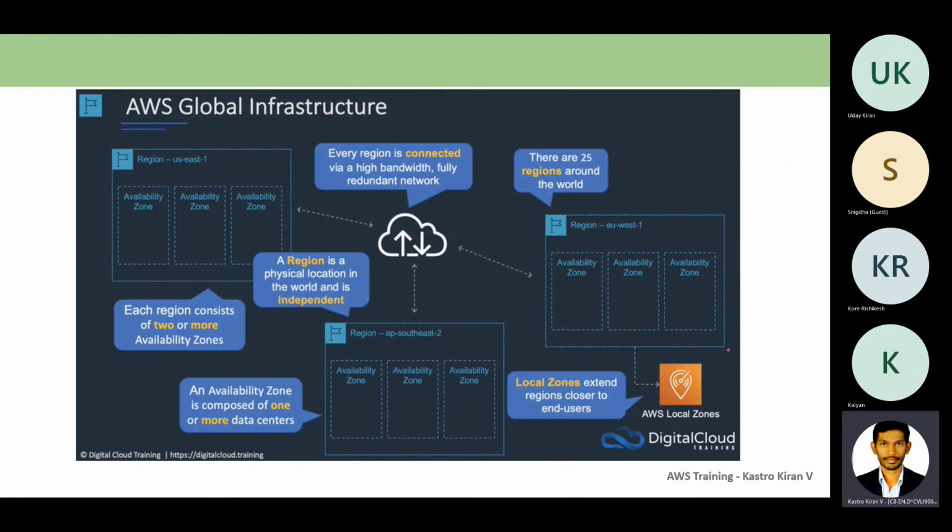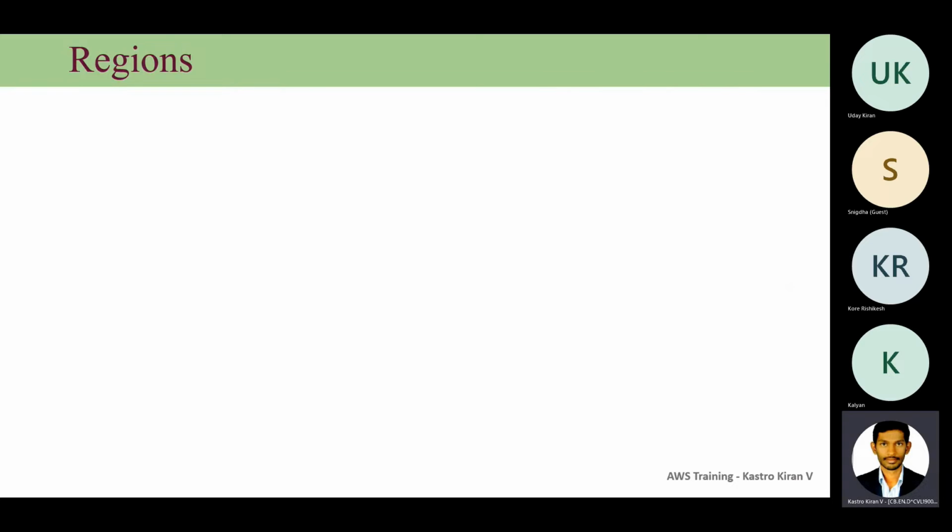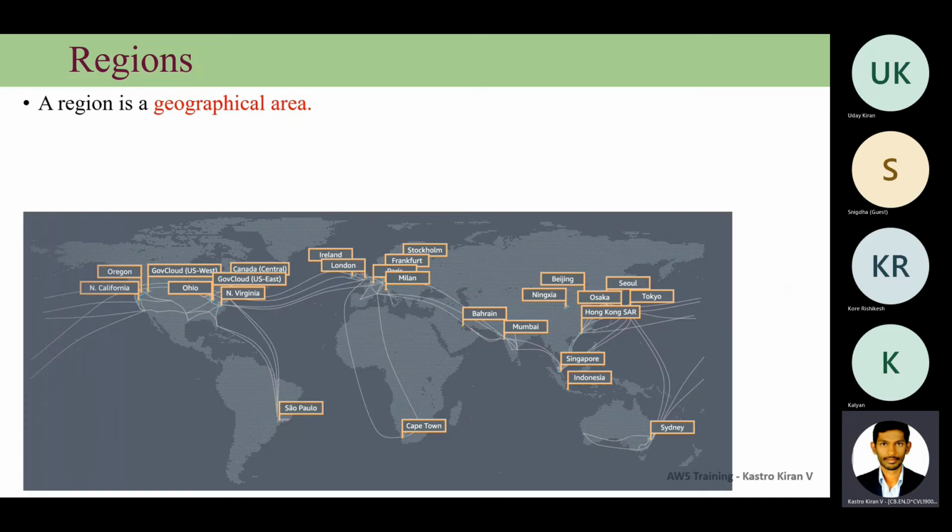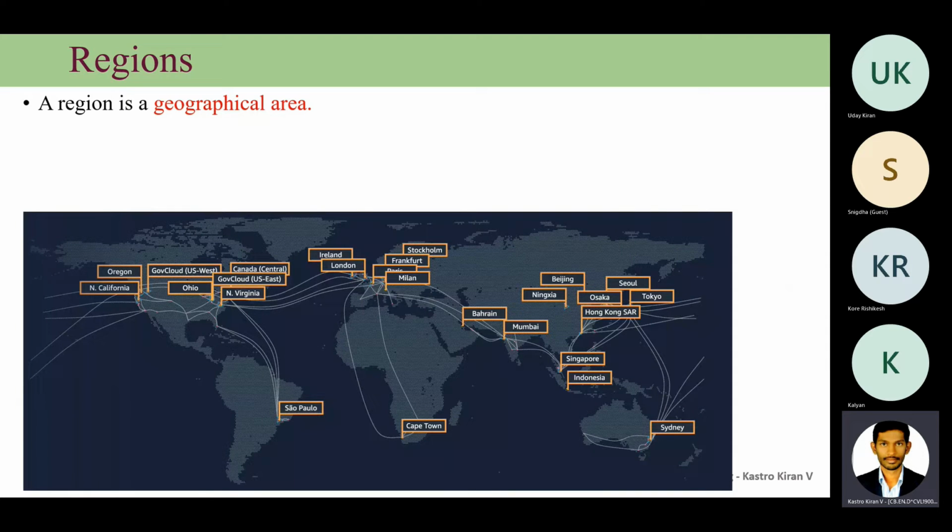First, let us talk about the region. As I said earlier, a region is basically a geographical area. Technically, it is a city in a particular location. Here you can see the different regions across the globe. Mumbai is one region.